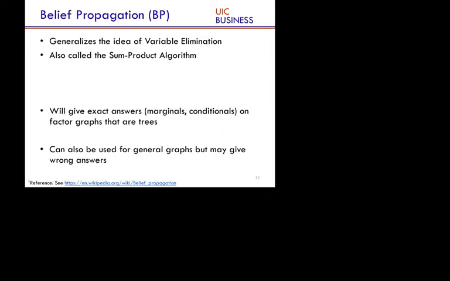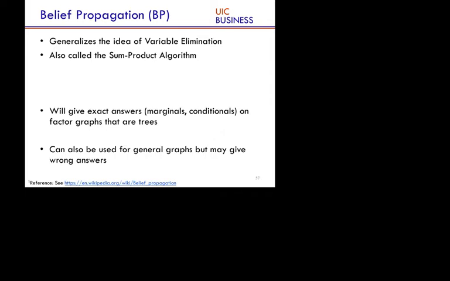The example that we saw of the factor graph was just a chain, with a factor and a variable node and a factor and so on. But in general, if you had a huge tree with factors and nodes, then belief propagation is going to give you an exact answer. It can also be used for general factor graphs, but will give you potentially wrong answers. That's why we'll get to the third method, which is based on sampling.